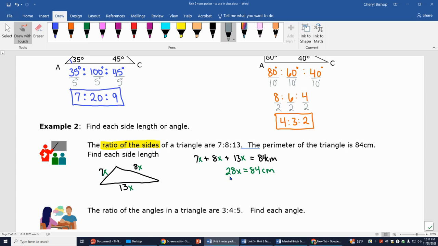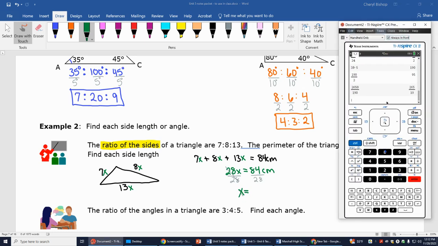Use my division property of equality to divide both sides by 28. That cancels out, and I'm going to get x equals 84 divided by 28, which is 3.